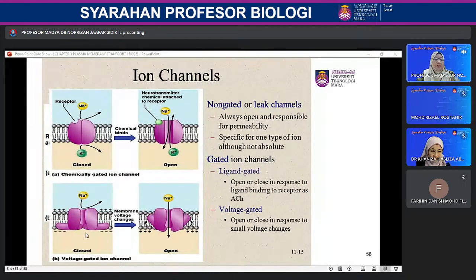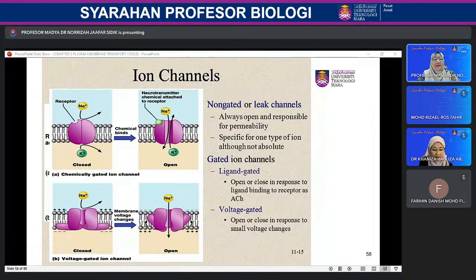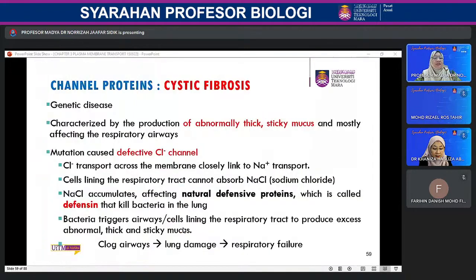The channel is closed, whereas here it is open. You can see the charge is now inside, not outside. So it opens or closes in response to small voltage changes.